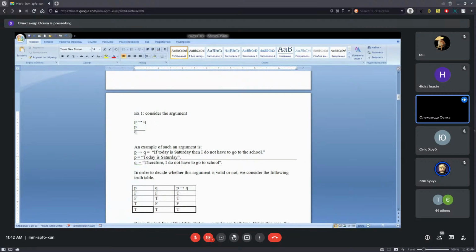It is better to delete this therefore. Therefore is presented by this parallel horizontal bar. It is better.